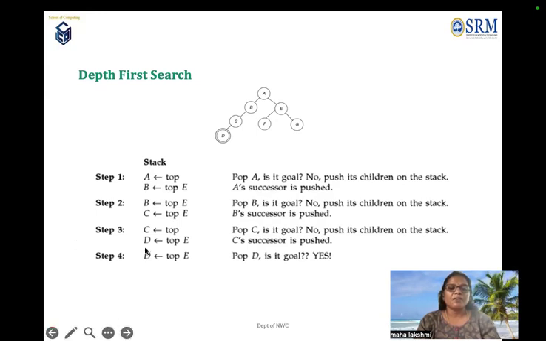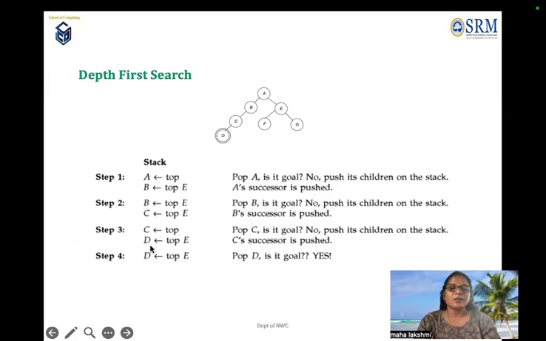Now we have to pop C next. While popping C, we verify whether it is a goal or not. No, it is not the goal. Our goal is D. Since it's not a goal, we push C's children onto the stack.